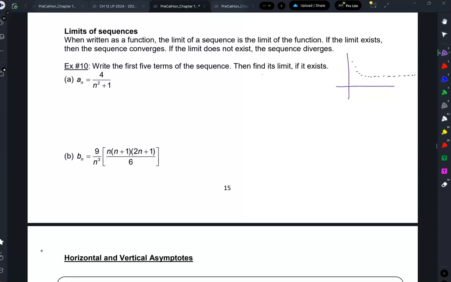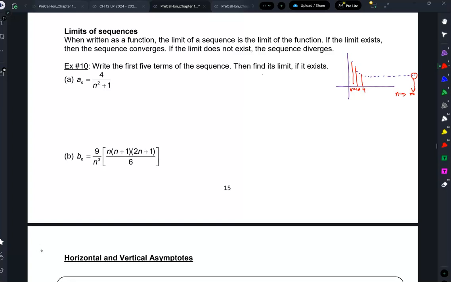We found the points for n equals 1, 2, up to 4. But what is that value when n is infinity? What happens as n approaches infinity?